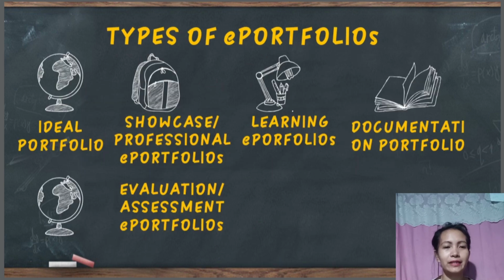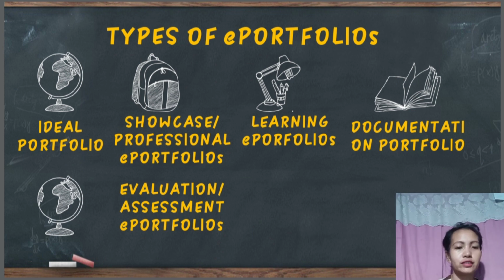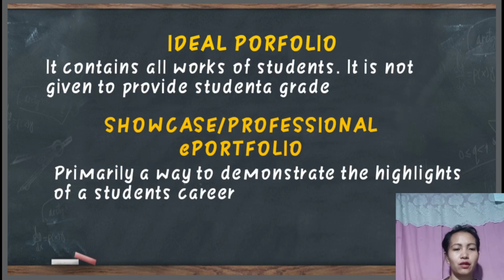Sa past lesson po natin, napag-aralan na po natin yung electronic portfolio or mga e-portfolio. So, may mga different types of portfolio. Ito ay mga ideal portfolio, showcase or professional e-portfolio, documentation portfolio, mga learning portfolio, and evaluation or assessment e-portfolio. Yung ideal portfolio, it contains all work of student.